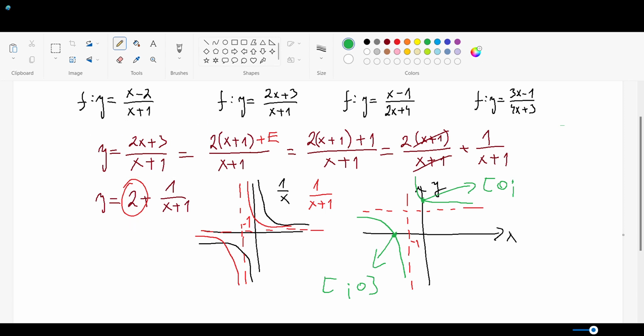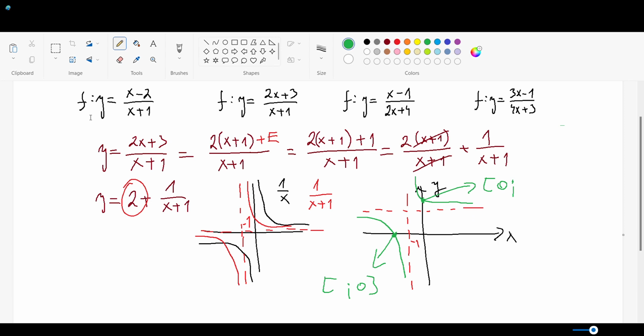So let me do it for you. The function is defined as y equals 2x plus 3 divided by x plus 1. And this time I will also try to draw the asymptotes.